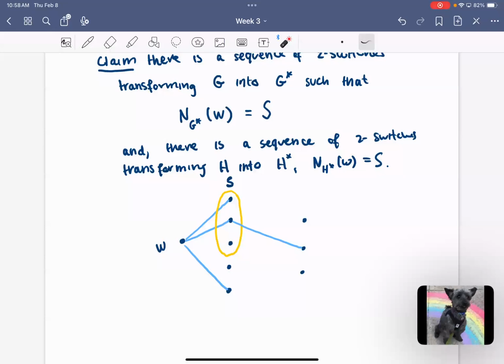Do you have a question? Why did you circle all five of the vertices, what is S defining? Yes, S is the vertices with highest degrees after W, and we're taking delta many of them, so the degree of W many. Why didn't we choose the one in the middle?